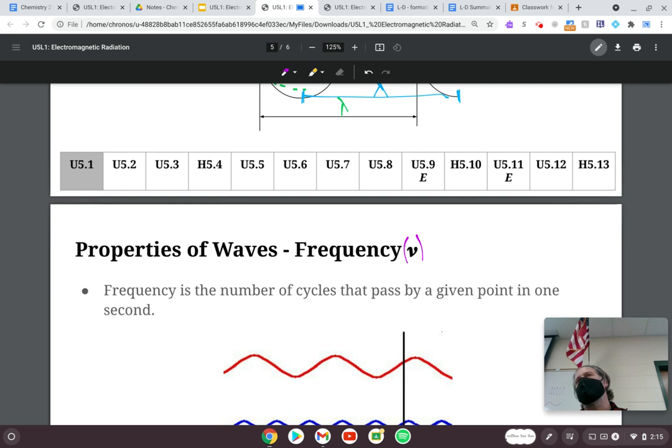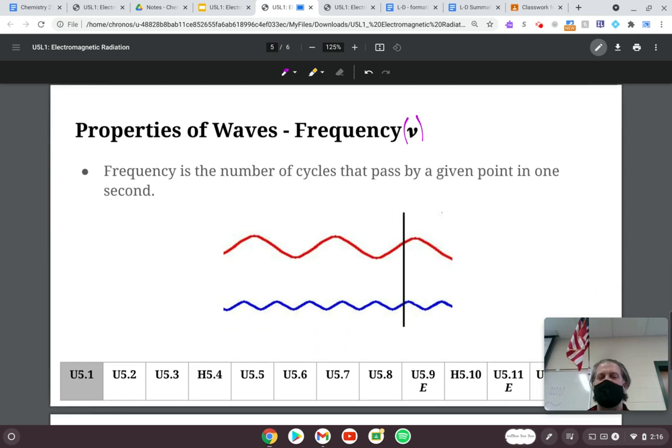So if you're sitting, for example, on the beach and you're counting waves come in and hit the beach, that would be a measure of the frequency of waves in terms of water. Well, energy waves have the same thing. So basically, we are looking at a given point. So here's my given point, right? And we're going to count the number of waves that pass by in one particular second.